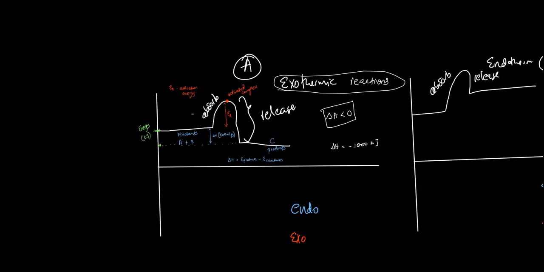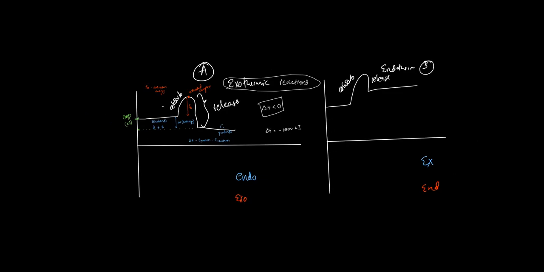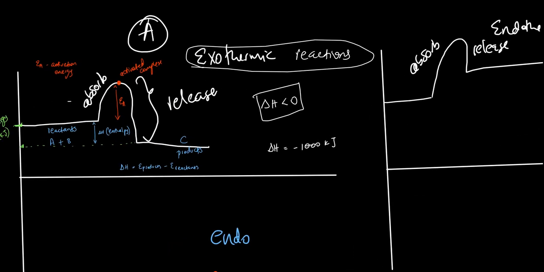The exact same way in which we labeled this side, you would label this side also. This part is your activation energy, and this part is your reactants, whereas this side is your product.